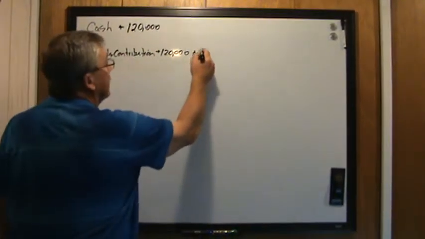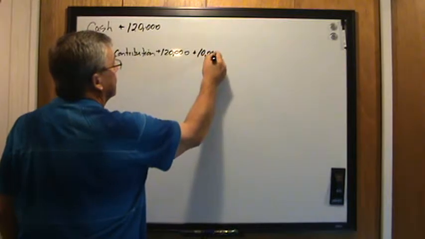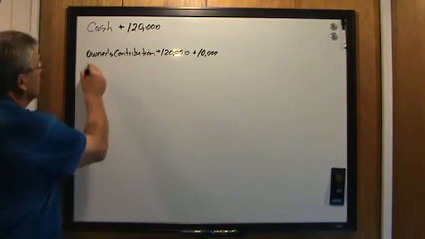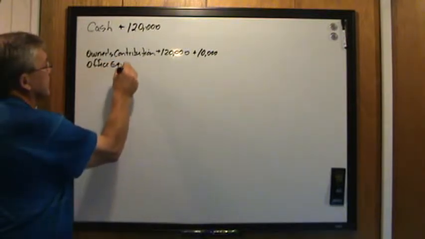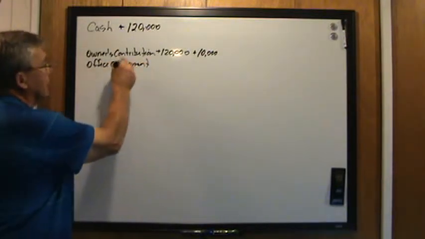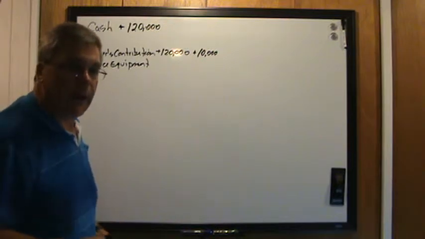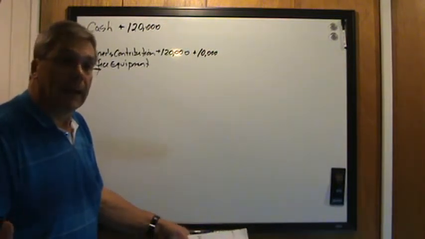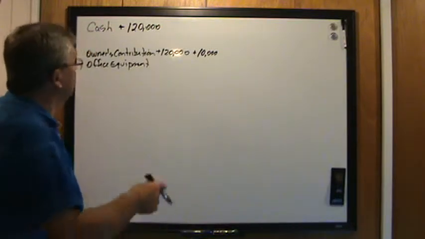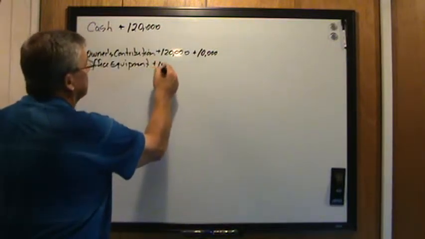It's worth $10,000. So we add $10,000 to that, and we have office equipment. And office equipment is typically a long-term asset. It's something you expect to use for more than 1 year. So we'll increase that by $10,000.